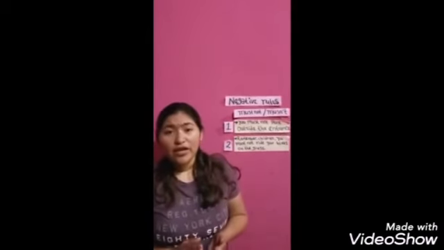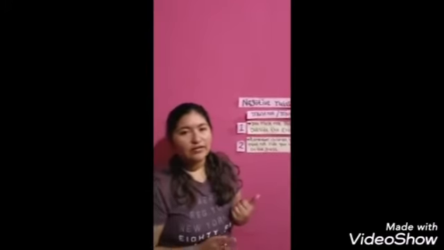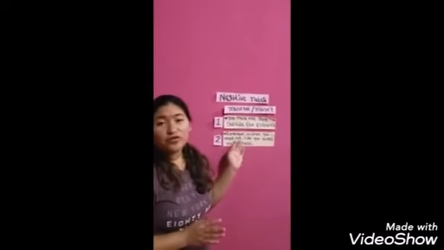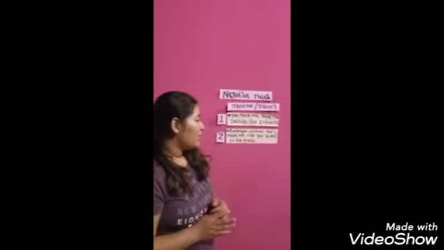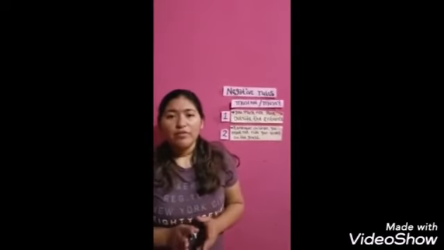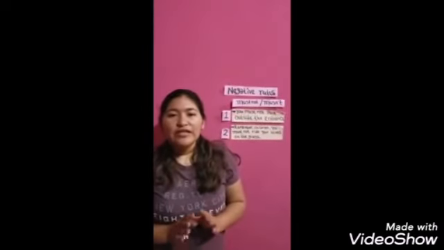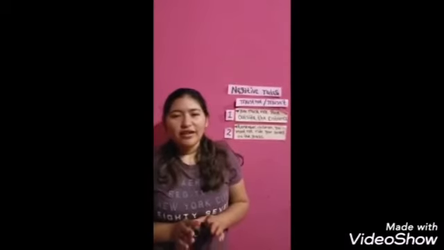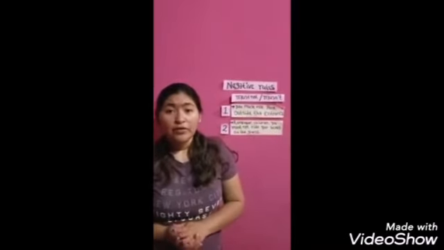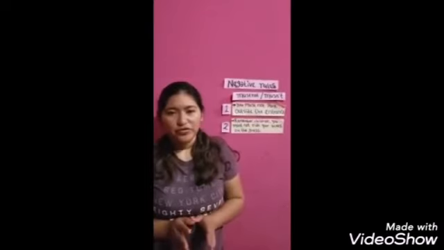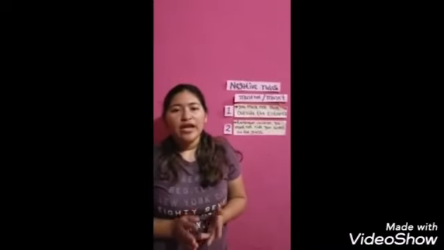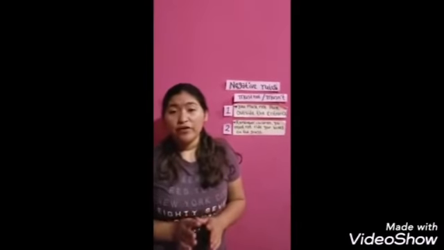This example gives a rule of this place. We need to remember that mustn't or must not we use to give rules or instructions, and we can use the contraction form mustn't or must not.